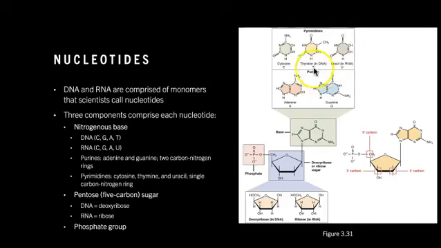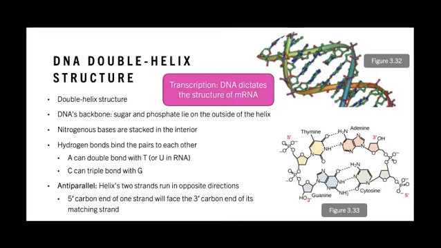We have our purines, which are going to consist of adenine and guanine, and these are two carbon nitrogen ring structures. And then our pyrimidines are going to be made up of a single carbon nitrogen ring, and they consist of cytosine, thymine, and uracil.